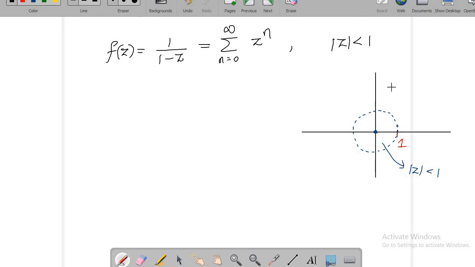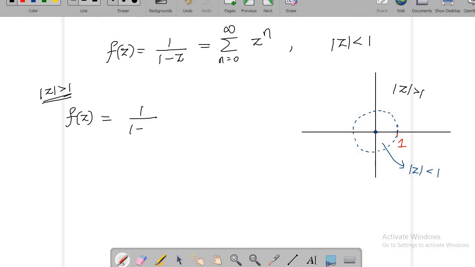Now, I want to know what the series expansion is when mod z is greater than 1. When less than 1 we know; when greater than 1 we'd like to know the expansion. So let's take f of z. I want to derive the series expansion in the region where mod z is greater than 1.